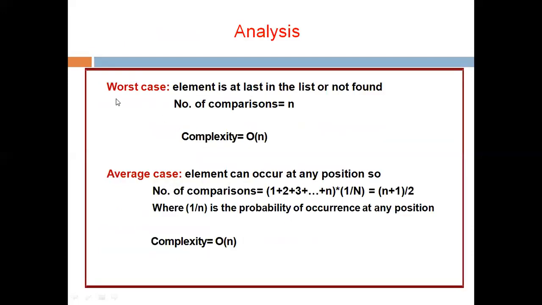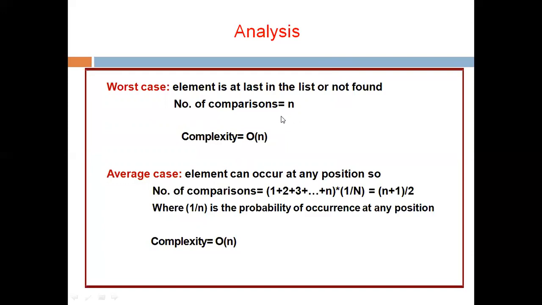Now, what will be the time complexity? In the worst case, the element may be at the last position in the list, or the element is not found. So in this condition, the maximum comparison will be n.